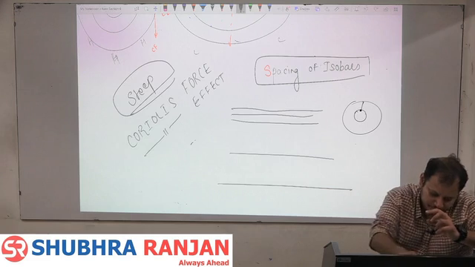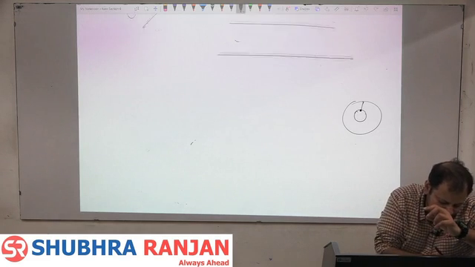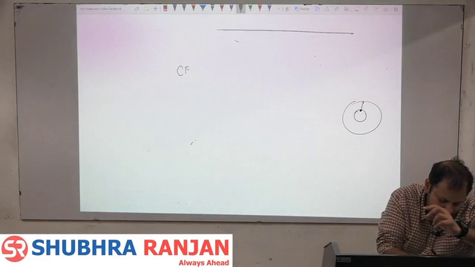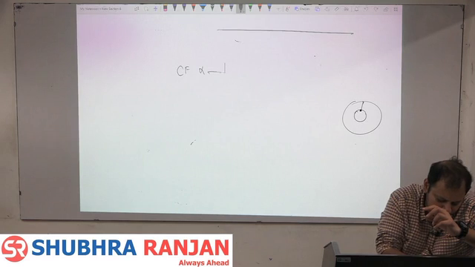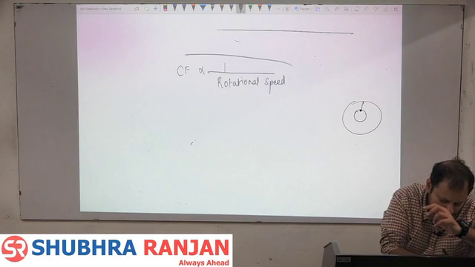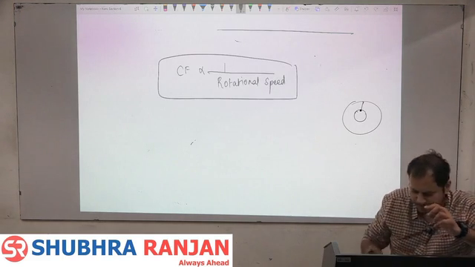The Coriolis effect is inversely proportional to the rotational speed.